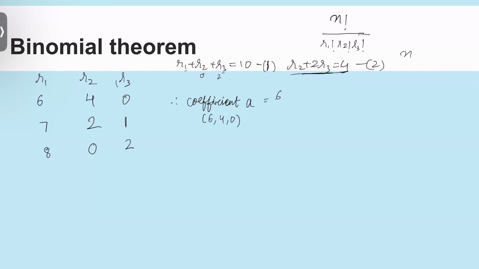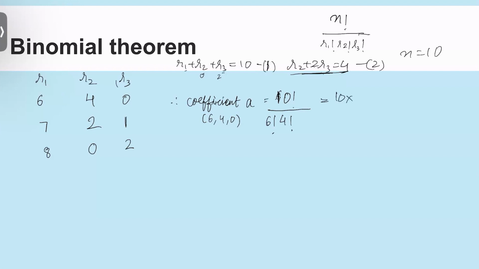We know that n is equal to 10 over here. So now we get 10 factorial upon 6 factorial, 4 factorial. 0 factorial is 1, so we'll not write that.